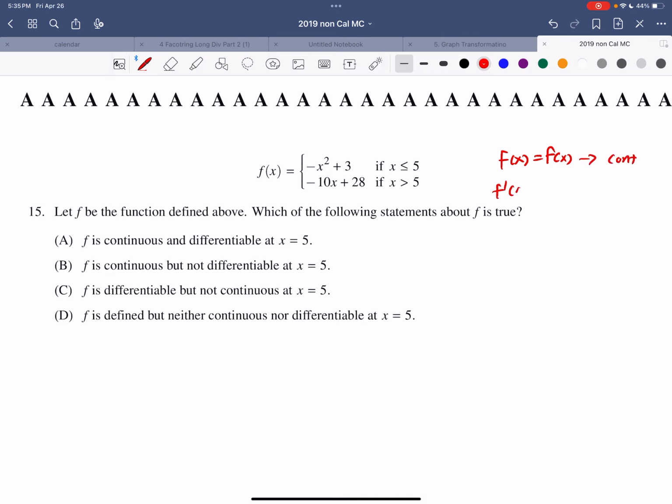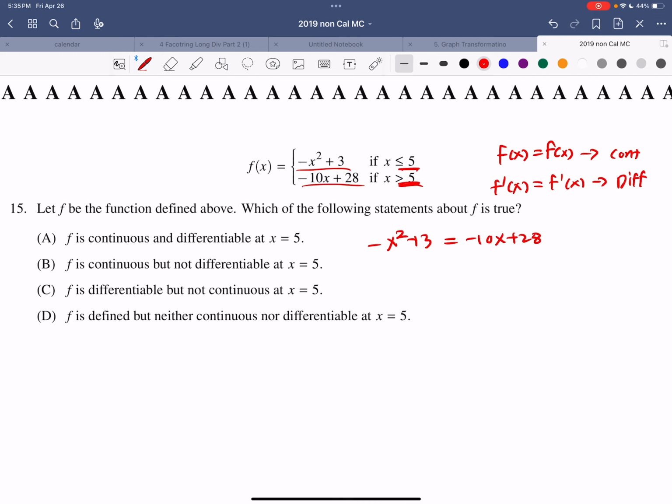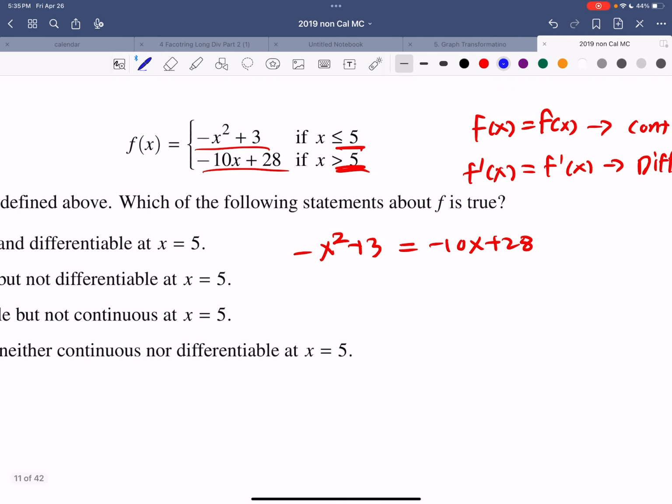And if f prime of x from the left is equal to f prime of x from the right, then it is differentiable. Okay, so let's plug it in. Let's see if these two are equal to each other. Negative x squared plus 3 equals negative 10x plus 28. We want to see if they are continuous, which means if we plug in 5, they should be equal to each other. So negative 5 squared plus 3 is equal to negative 10 times 5 plus 28.